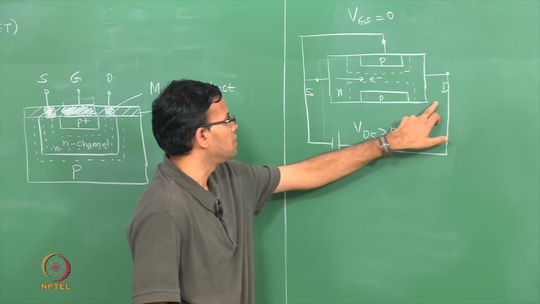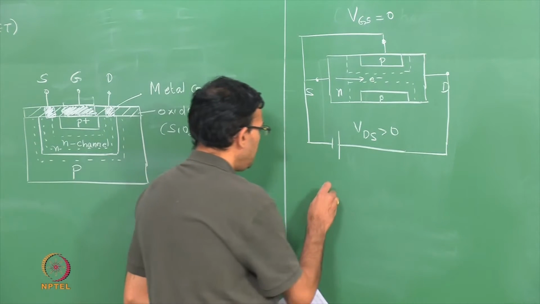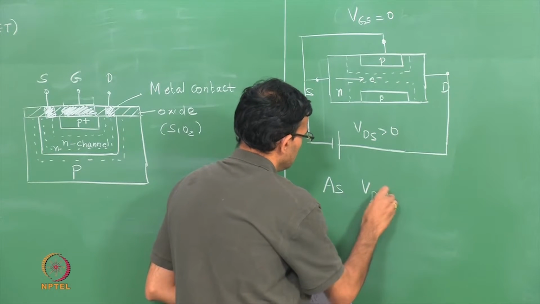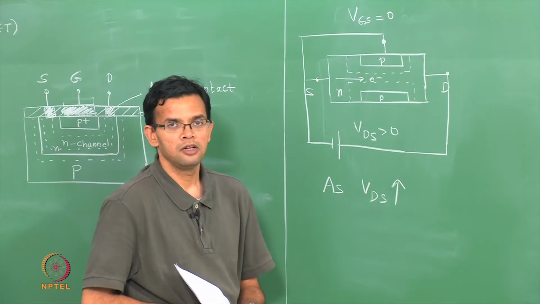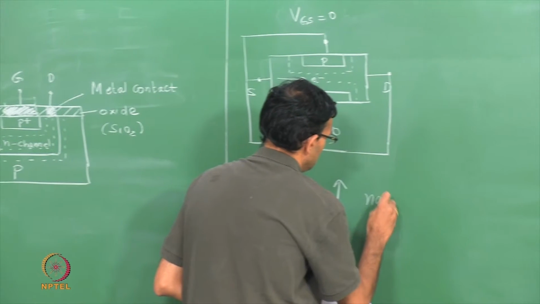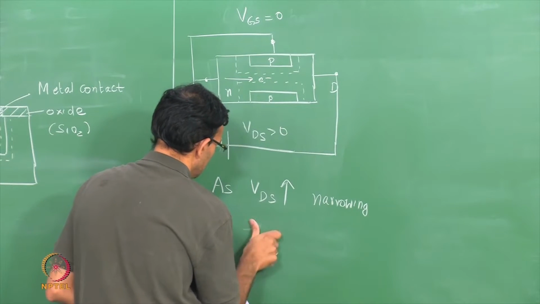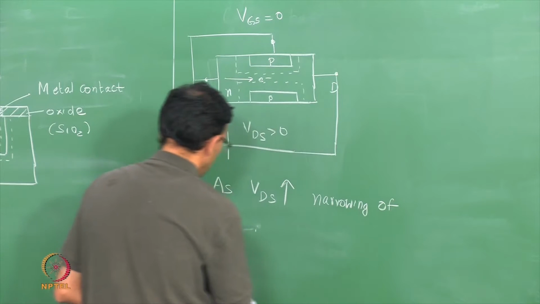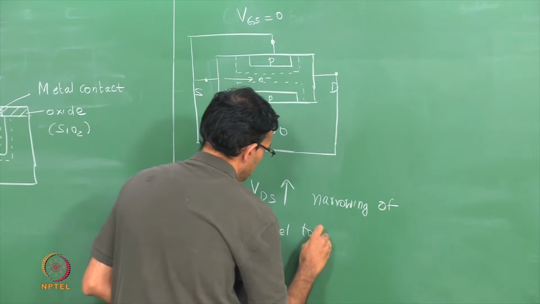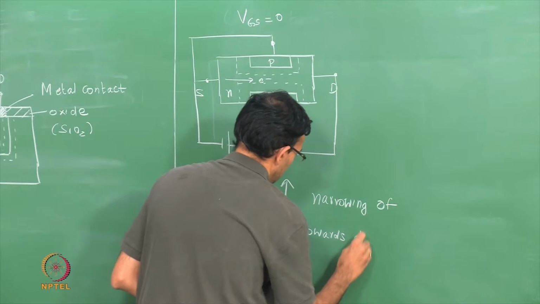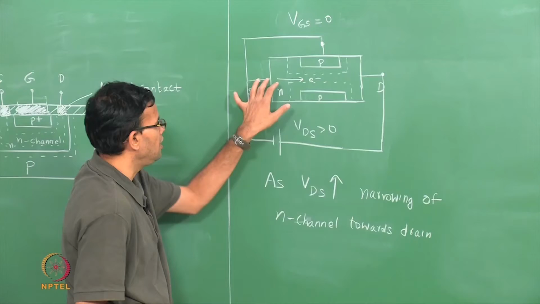This is because the drain is reverse biased with respect to the gate, so that as VDS increases, there will be narrowing of the n channel towards the drain. I will just show that schematically on the same figure.